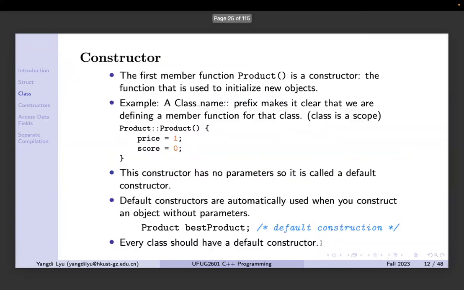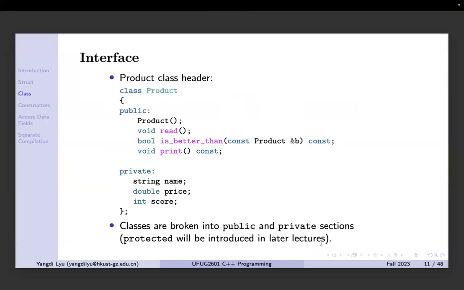The difference is here: we put a const here. It means that when you call these two functions, none of the members will be changed. This const means I will not change B. This const means I will not change myself. So that's the slight difference.